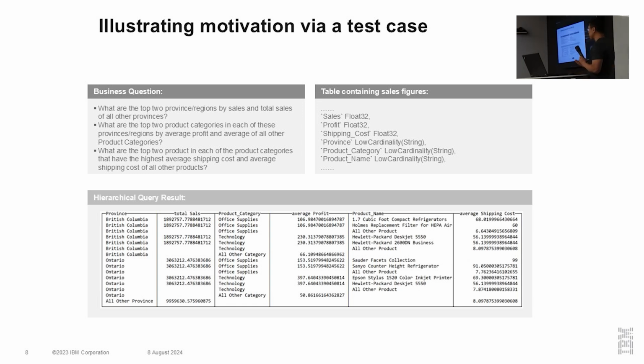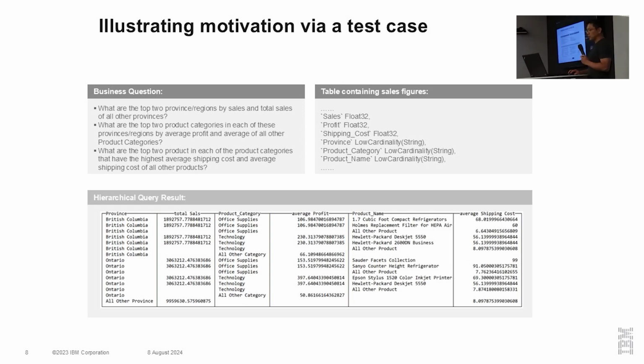A business person could ask some questions about this data. A typical question could be: what are the top 2 provinces or regions by sales, and also the total sales of the other provinces? You take the top 2 and total all the other provinces.